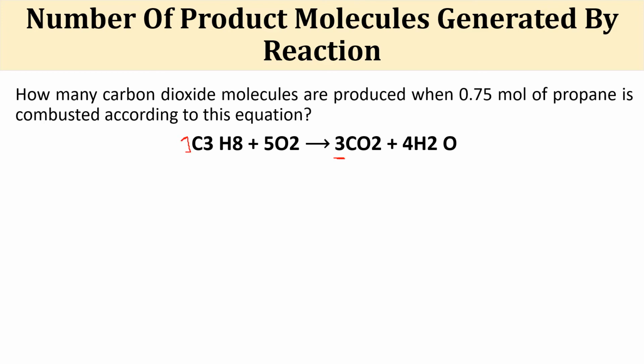We don't generally write 1, but if there is no number, it means 1. So 3 moles of CO2 will be produced from 1 mole of C3H8.